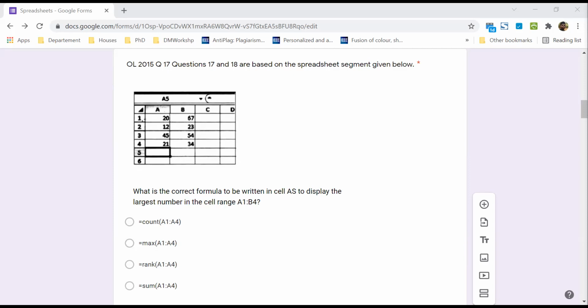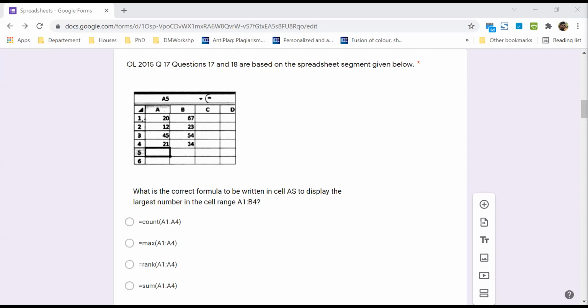It should be 5, right? To display the largest number, right? To display the largest number in cell range A1 to B4.